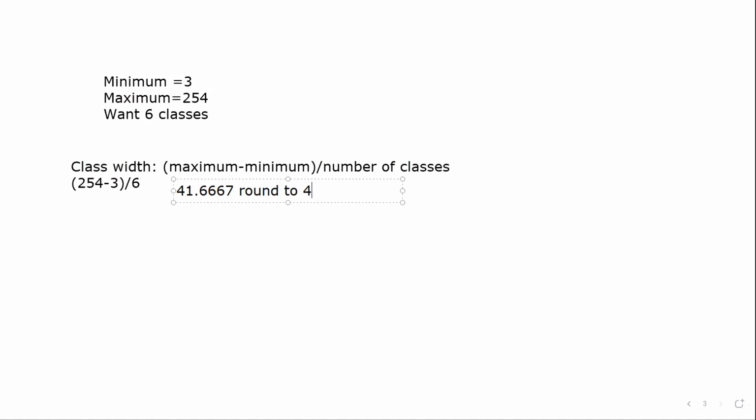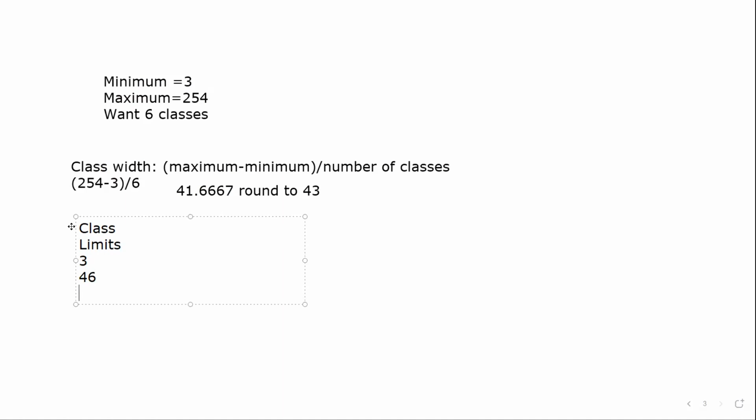So now we're going to group our data with a width of 43. Again, we're going to need everything, but we're going to start with our class limits, okay? So we're going to have 3 here. We're going to add 43, that's going to give us 46. We're going to add 43 again.